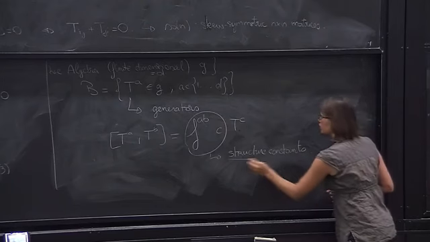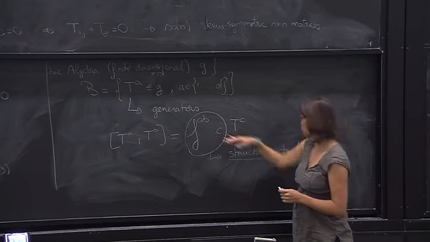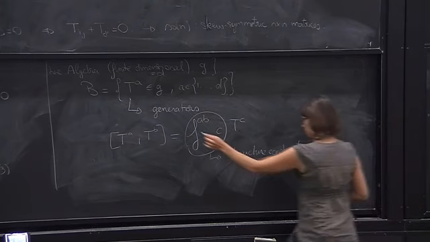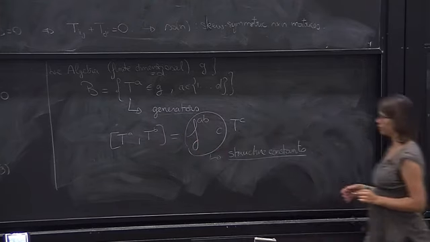And in fact, when you know the generators and the structure constants of your algebra, then you know everything about your Lie algebra. Okay? So these are really the fundamental objects that you need to determine.